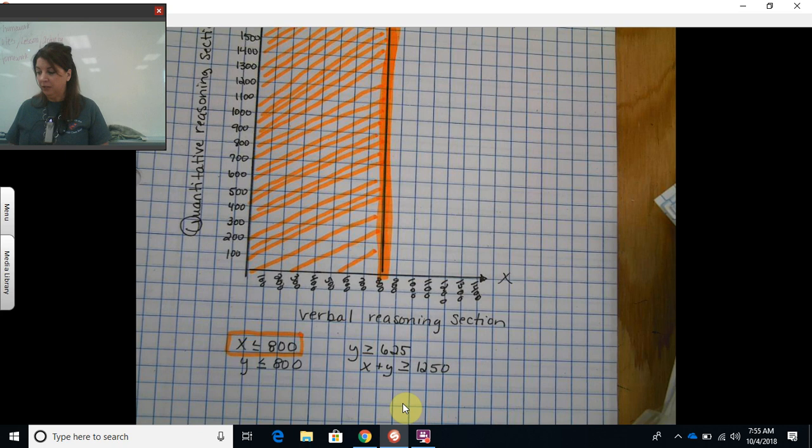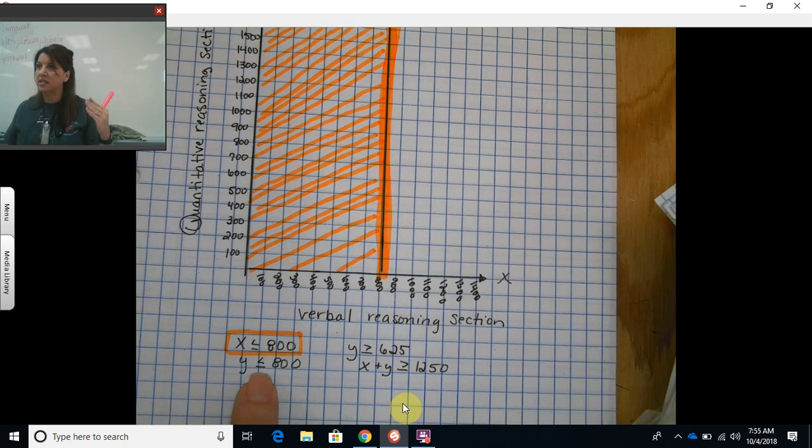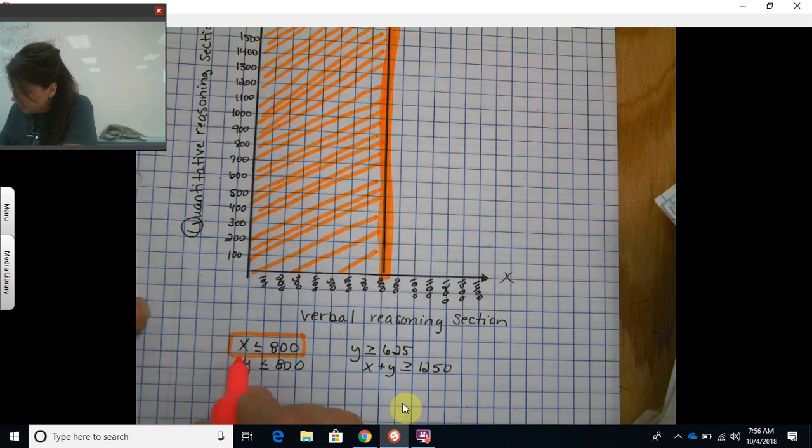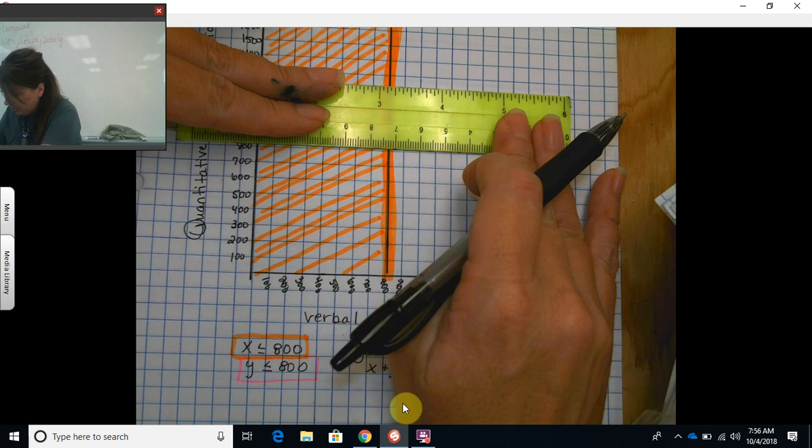Okay? So, the quantitative reasoning section has to be less than or equal to 800 as well. So that, if it was an equation, that would be y equals 800. So what kind of line only has a y and no x? A horizontal line. So we're going to draw a horizontal line that goes through what on the y-axis? 800. And it's solid because it says or equal to.